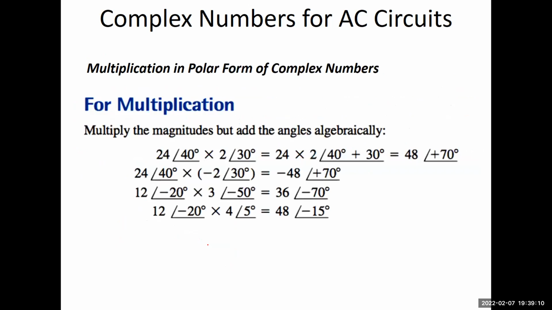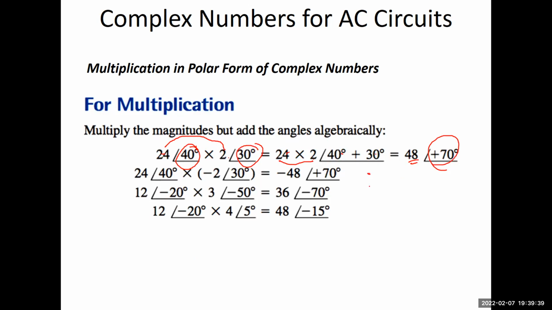For multiplication, you multiply the magnitudes and add the angles algebraically. So you multiply the magnitudes, that is 24 times 2, which is 48. And then you add the angles, 40 degrees and 30 degrees, which is equal to 70.